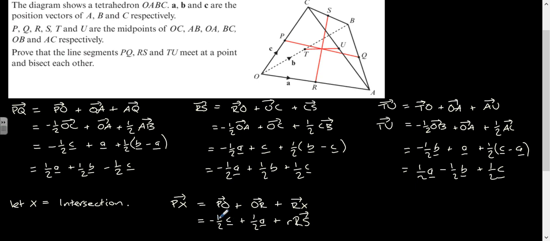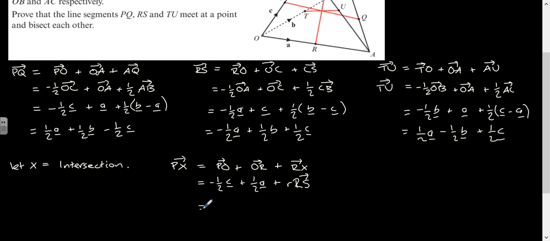So minus 1/2 C plus 1/2 A, plus a fraction of RS, and the fraction is represented by this unknown R. So we've got minus 1/2 C plus 1/2 A plus R multiplied by RS. Now RS is this one here. We've got minus 1/2 A plus 1/2 B plus 1/2 C.